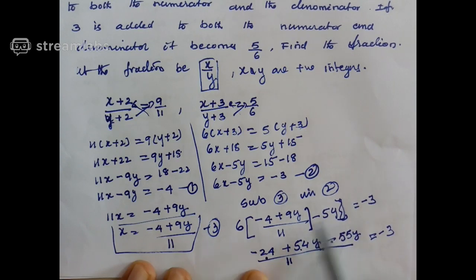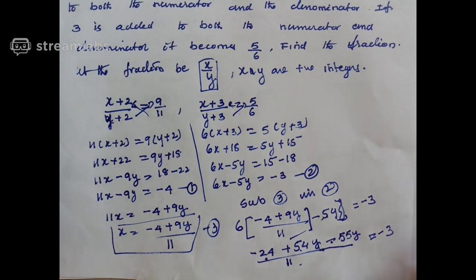Actually, I've taken the LCM: 11 fives are 55y by 11 is -3.